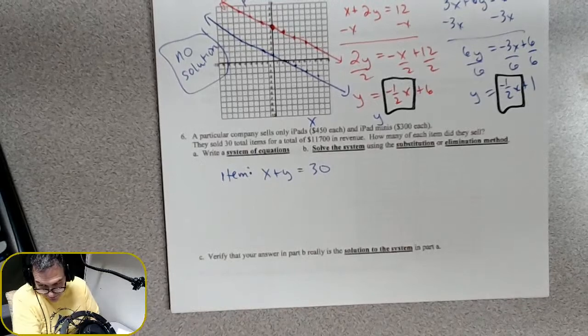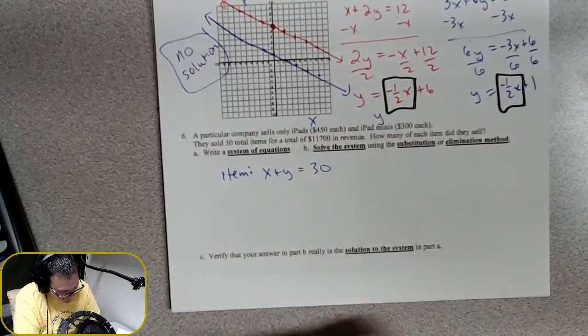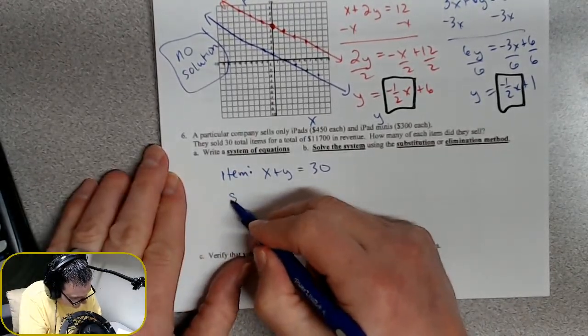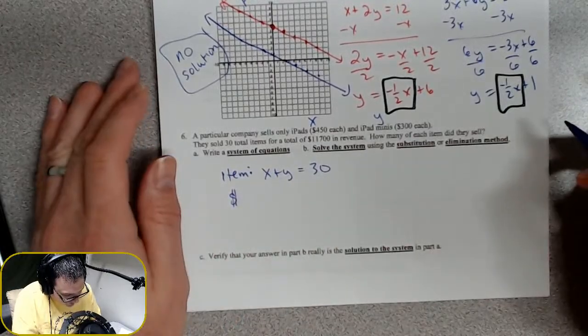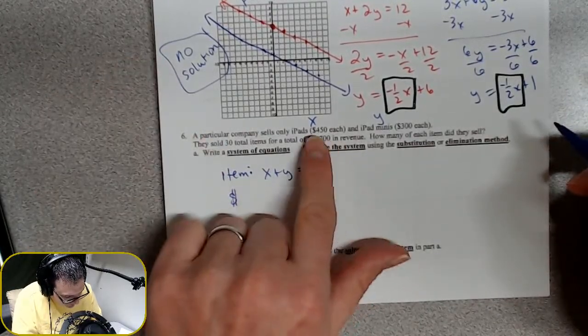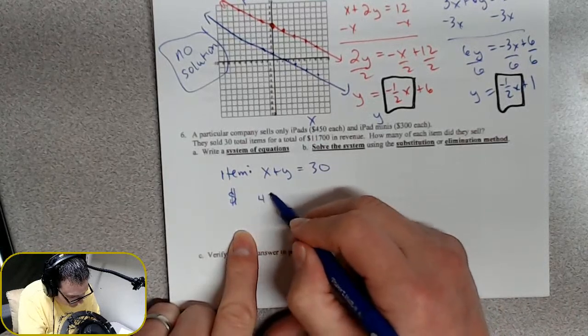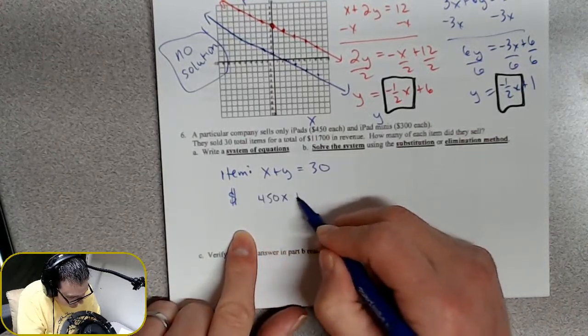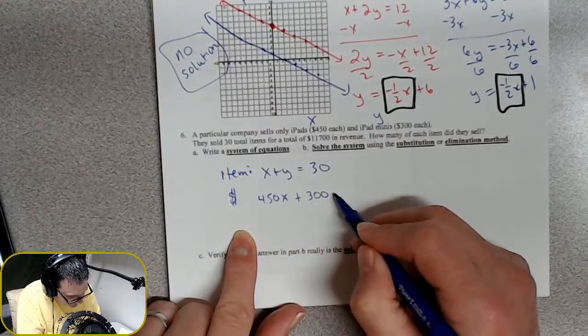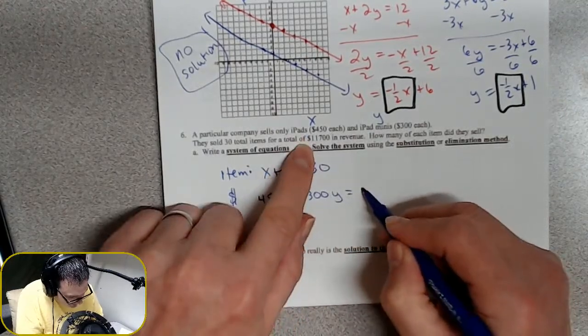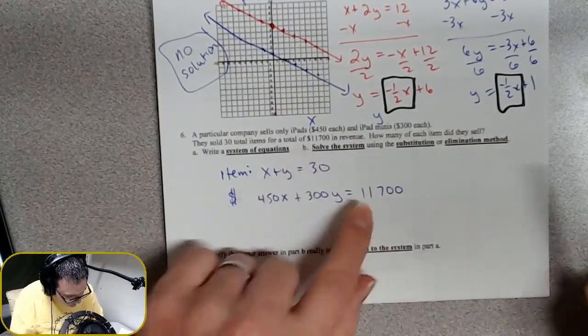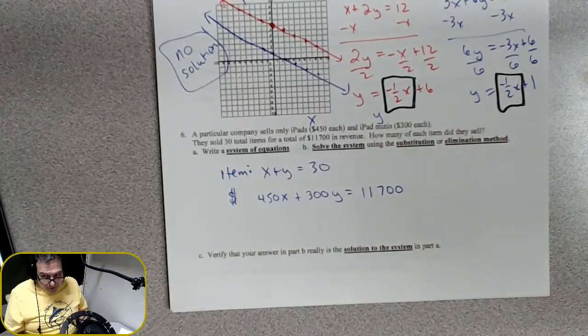There's my items equation. And then we'll do a money equation. iPads, the x, is $450 for x, $300 for y, and the money is $11,700. There's our money equation.